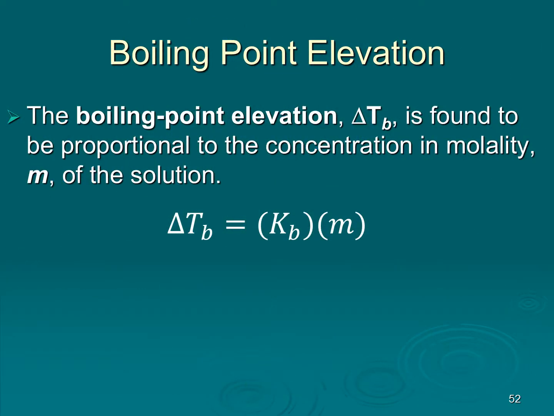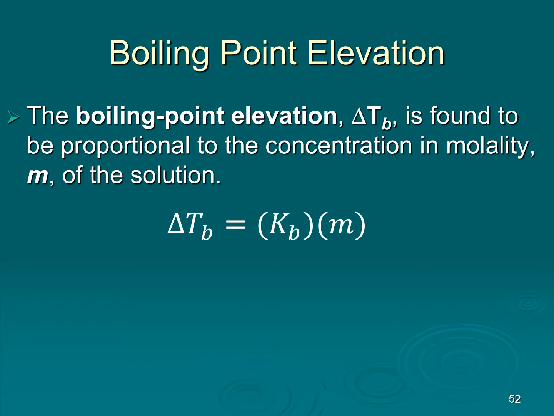Okay, so the boiling point elevation, delta TB, is equal to Kb, which is a constant that will depend on the solvent that we're using, times little m, the molality of the solution. So again, the delta T, the amount that the boiling point elevates, is directly related to the concentration in molality.